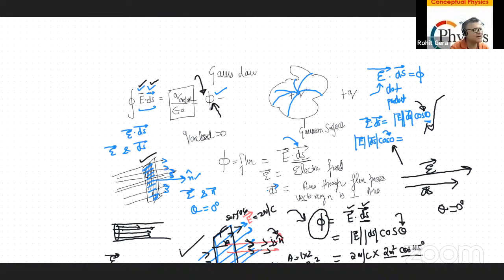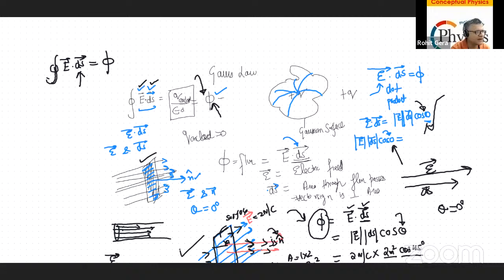We have studied one part of the Gauss law, the E·ds, but we have put an integration sign. The integration is equal to flux, because ds is a very small area. If you add all those areas, then you get the bigger area, which we are anyway using in a formula.